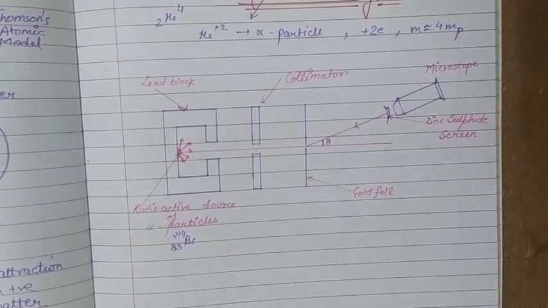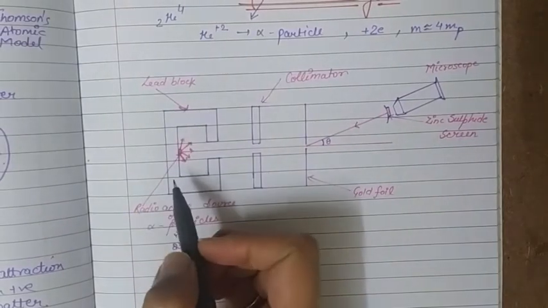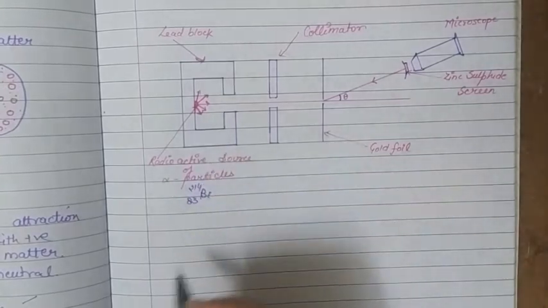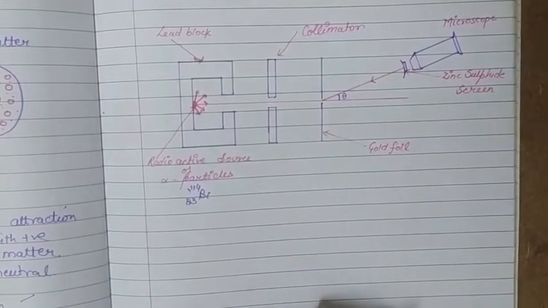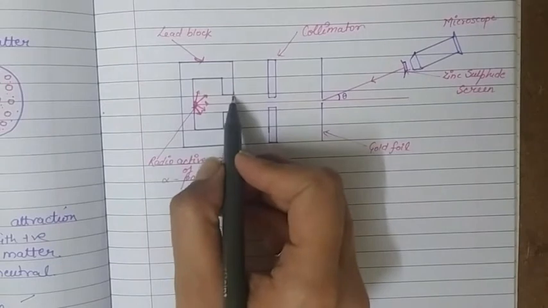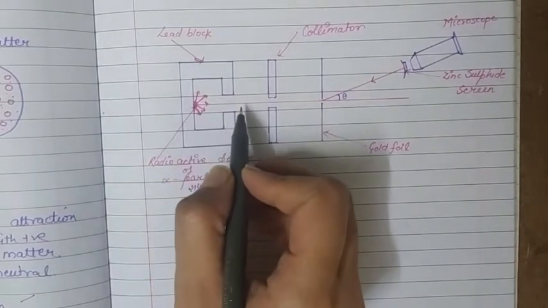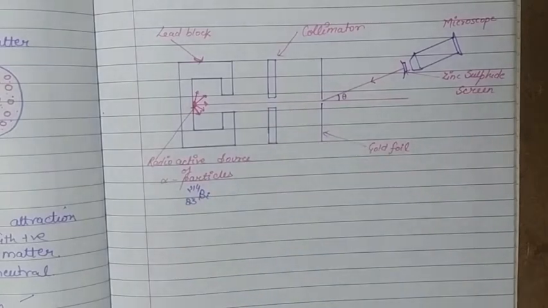Now this radioactive source is enclosed in a thick lead block, and it is provided with a narrow opening. Here is a small opening in the block from which these alpha particles can come out.